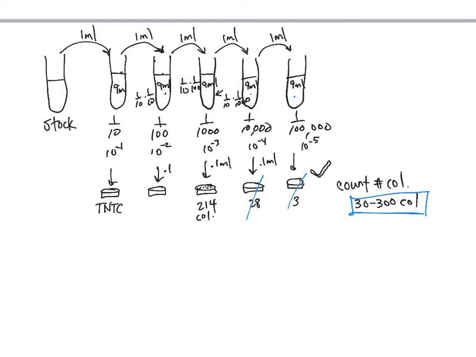Okay, the formula that we give you in the book, and I'll try to help you think through this without the formula as well. Your original cell density is equal to the number of colonies on the plate divided by the mils plated. Multiply that by 1 over the dilution.